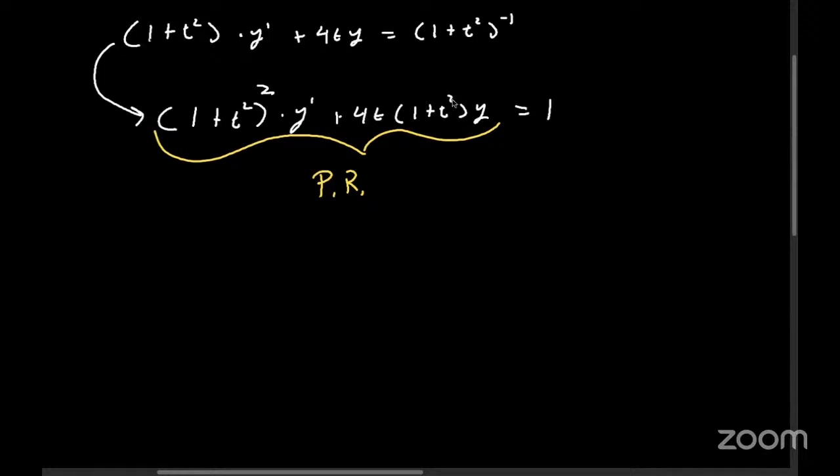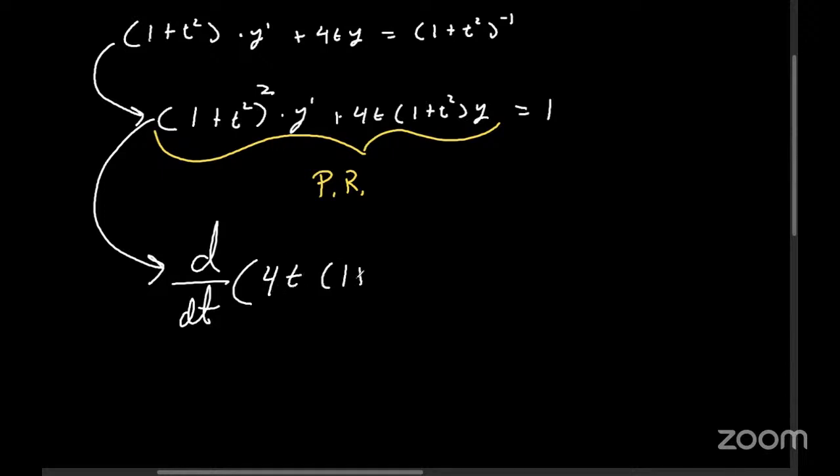So the 2 would come down, and then you would get 2t. 2t times 2 is 4t, and this is the product rule. Okay, so I can rewrite it. This is d/dt of 1 plus t squared, squared y, equals 1.